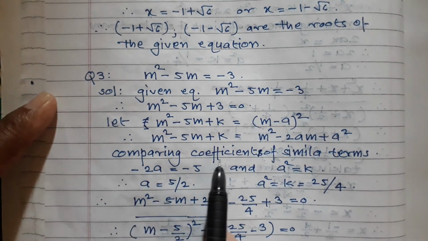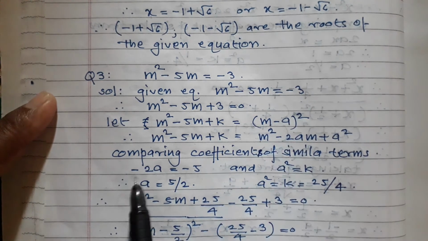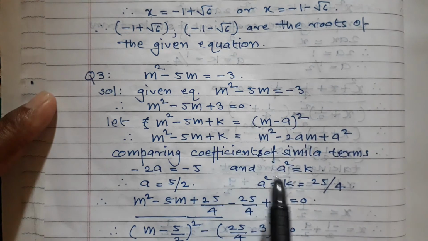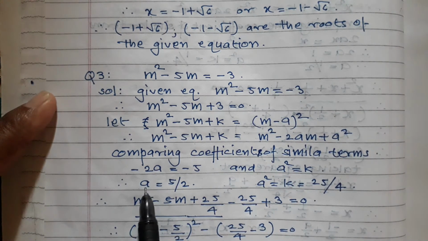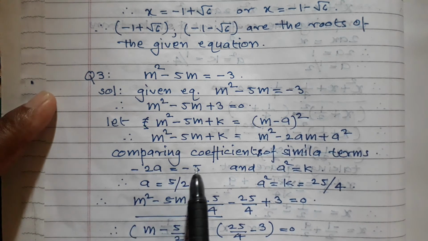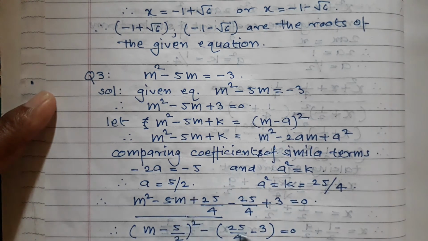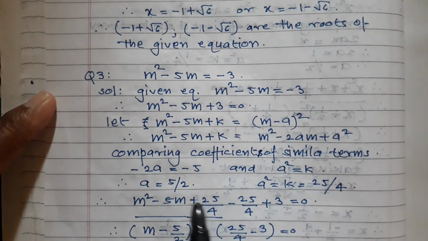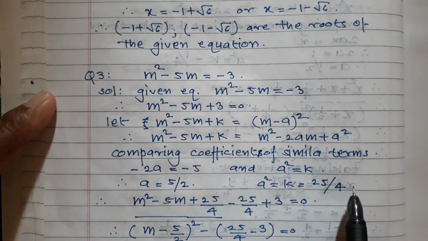Then comparing coefficient of similar terms, minus 2a is equal to minus 5 and a square is equal to k, and then this you simplify, therefore a is equal to, this minus and minus get cancelled, 5 upon 2, and therefore a square is equal to k is equal to square of this, 25 upon 4.